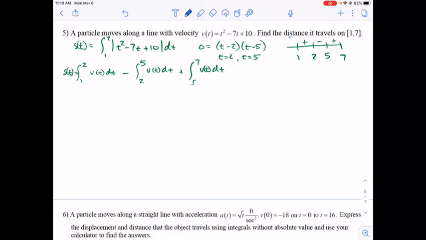So now, let's take a look here. We already know it's going to be t cubed over 3 minus 7 halves t squared plus 10t. This one's going to be evaluated from 1 to 2.